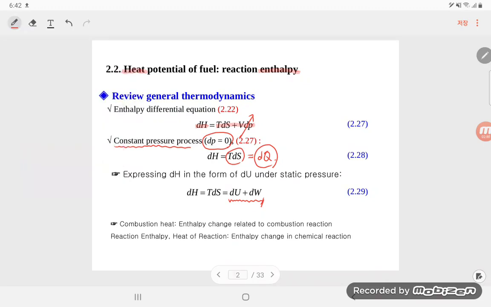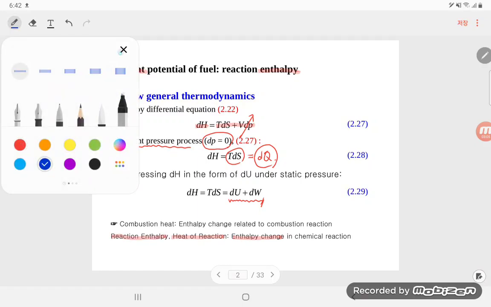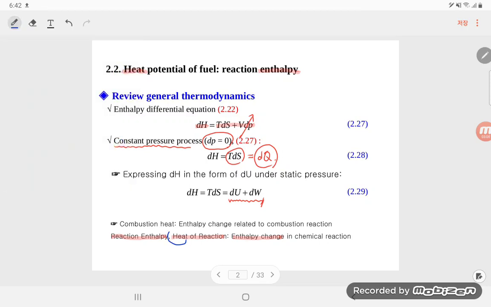So the important meaning of this is that the heat of the reaction equals the enthalpy change in the chemical reaction. So we call it reaction enthalpy.